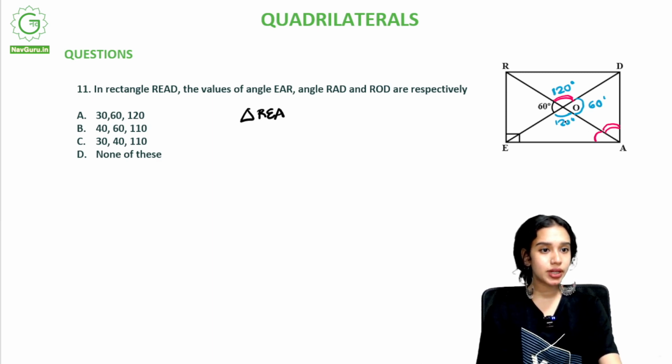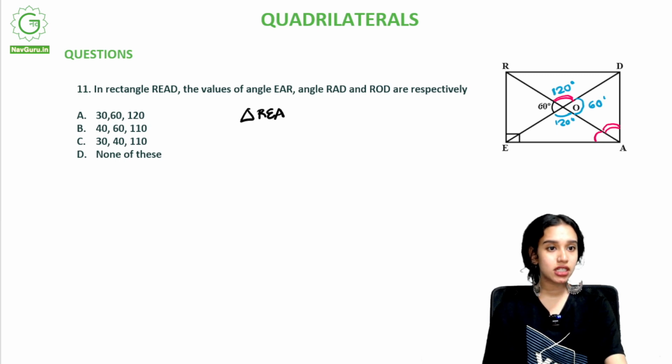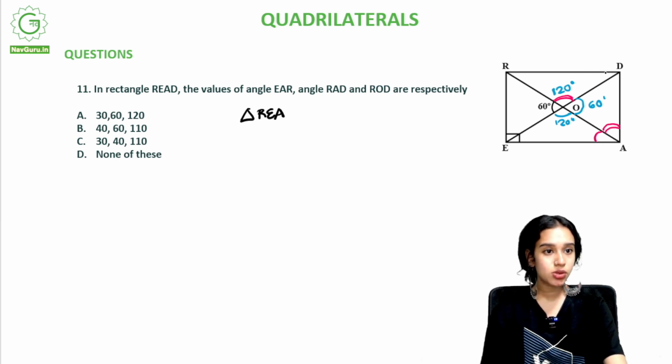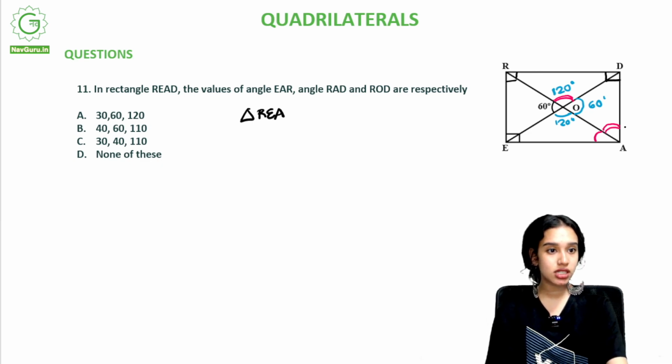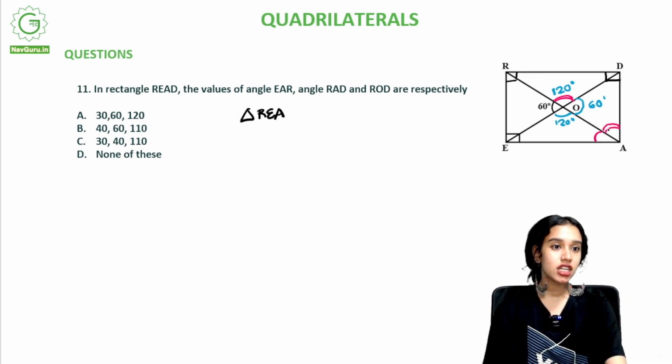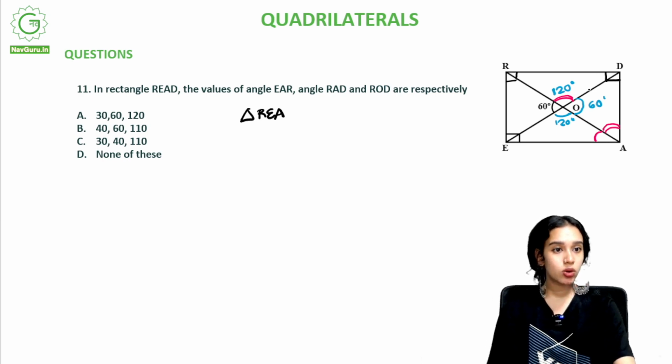So we have 120 degrees here, we have 60 degrees, 60 degrees and 60 degrees. This was 90 degrees, right? Now, which angles have the same sides? Okay, let's consider these two angles, this one and this one, right? OD and OA would be equal, right? So what would be these two angles?